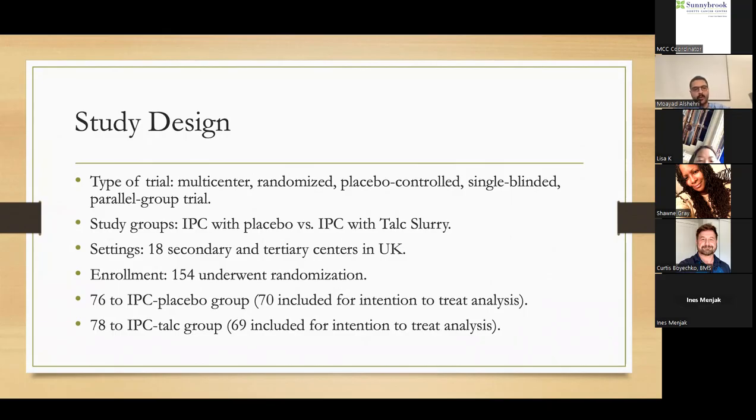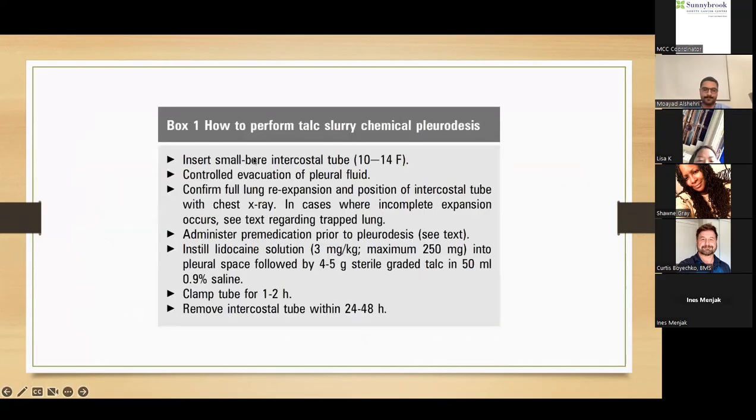The setting was 18 secondary and tertiary centers in the UK. They enrolled 145 patients that got randomized into this trial, 76 to IPC placebo, 70 eventually included for intention-to-treat analysis, and 69 eventually in the IPC talc group for the intention-to-treat analysis.